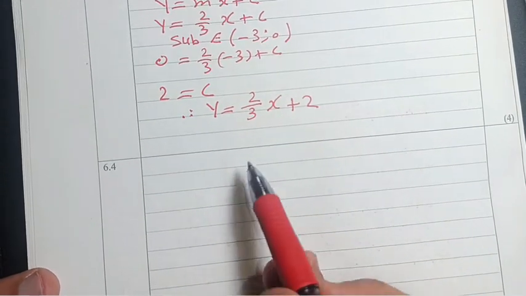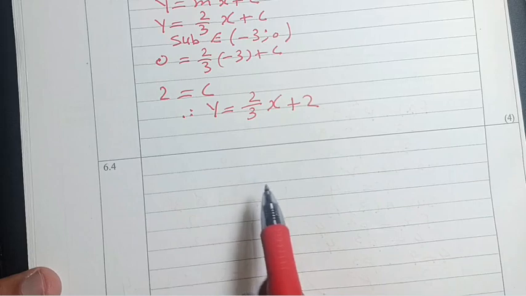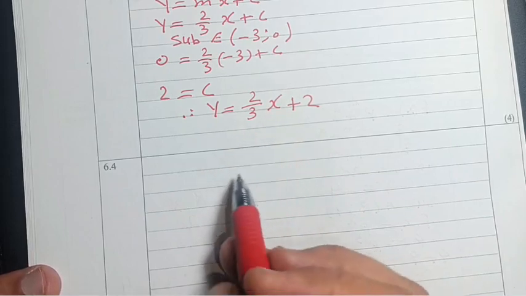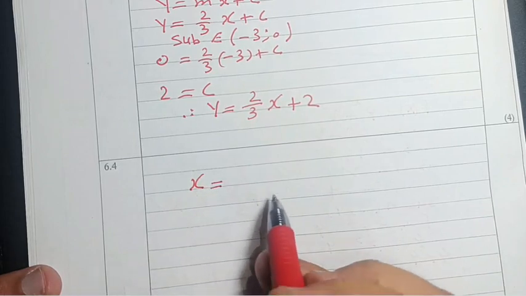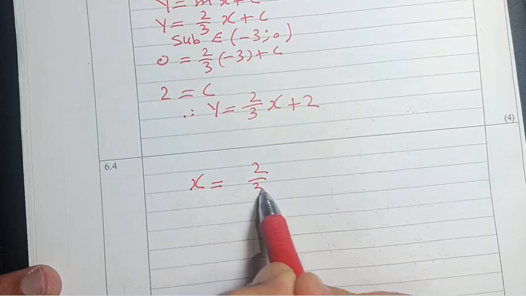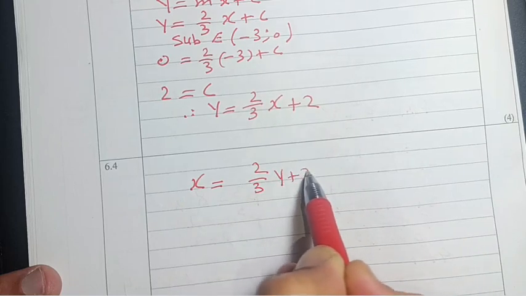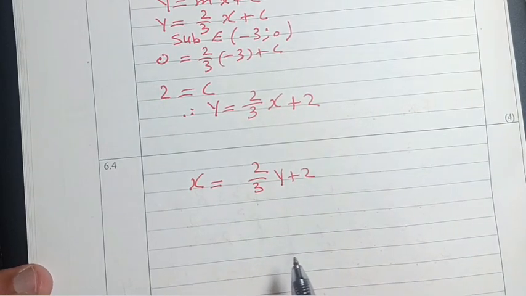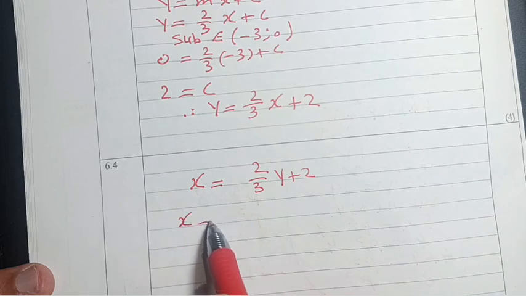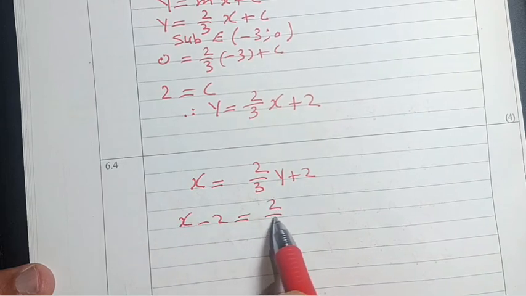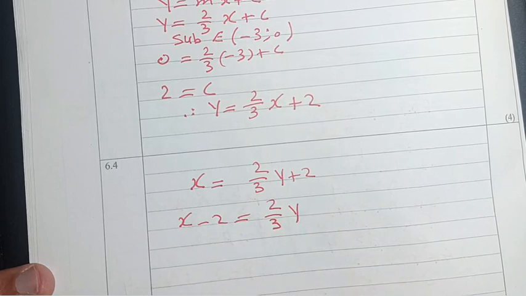First we need to swap around x and y. So it is going to be x is equal to 2 over 3 y plus 2. Now we need to isolate the y. So this becomes x minus 2 is equal to 2 over 3 y.